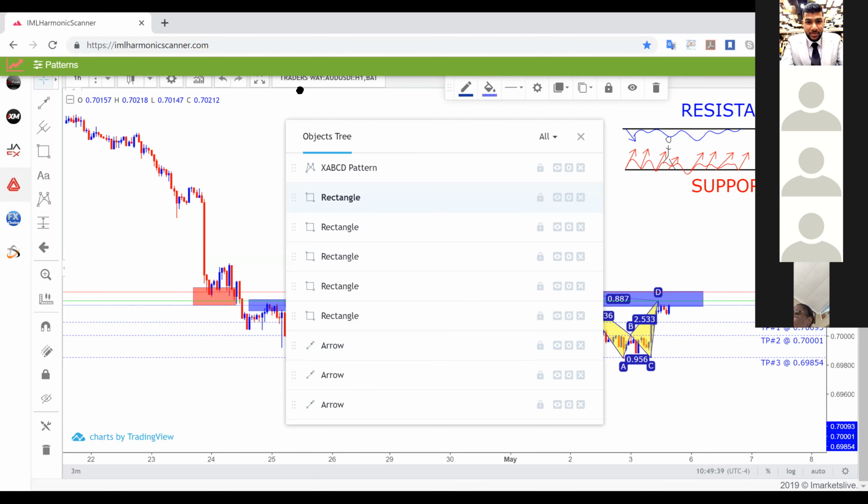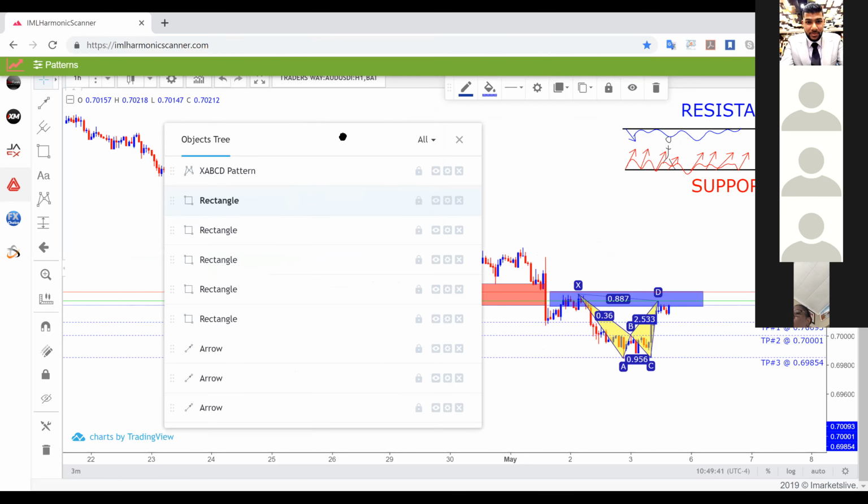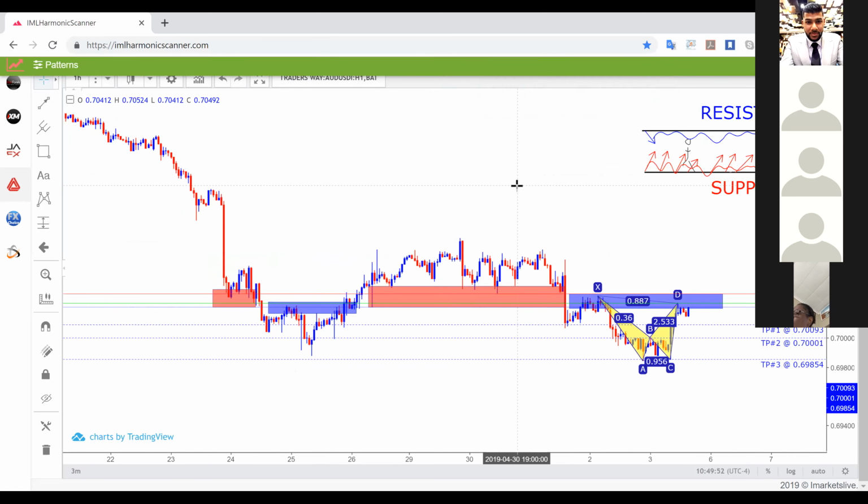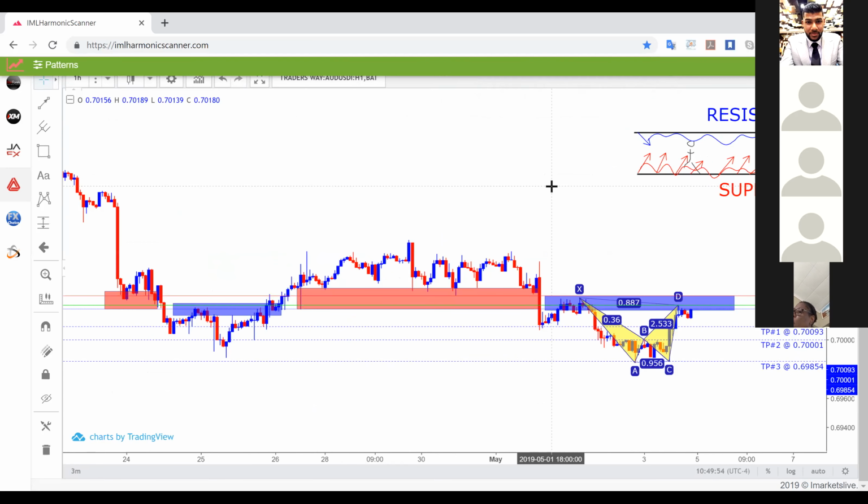I was taking out all those arrows. Oops. All right, that worked. I just wanted to take all the arrows from here. I could leave those there. Nice. So this is support and resistance.